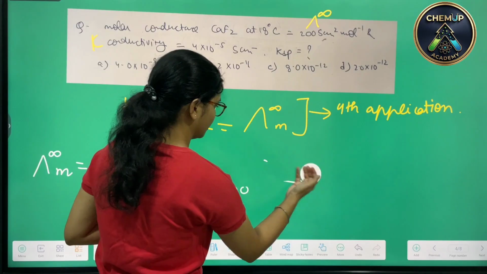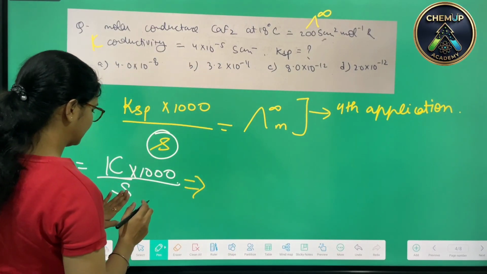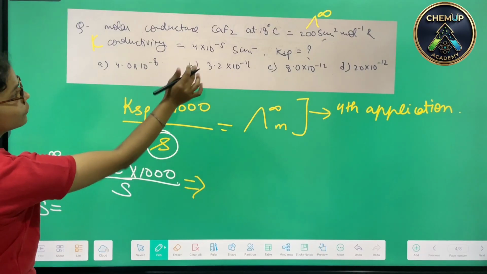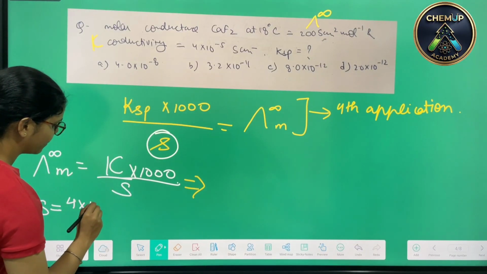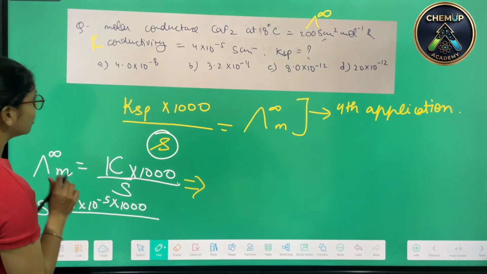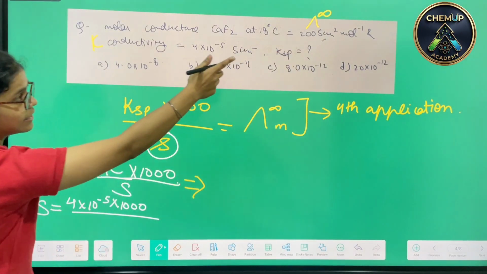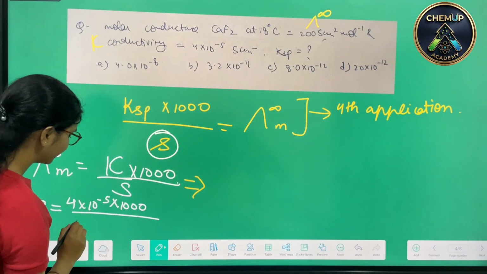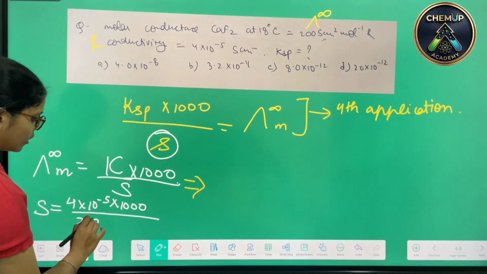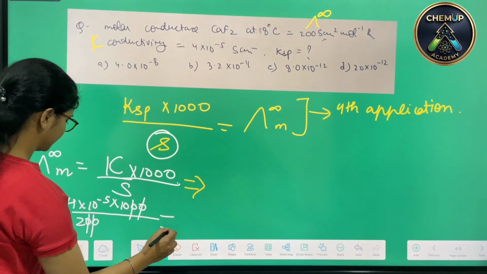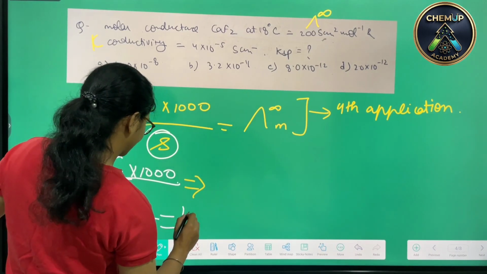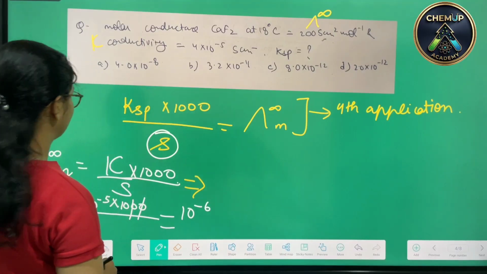Solubility is equal to kappa, the value of kappa is 4 into 10 to the power minus 5, into 1000, upon the molar conductivity at infinite dilution, that is 200. On solving it, we can cancel it out like this, and we are left with 10 to the power minus 6.